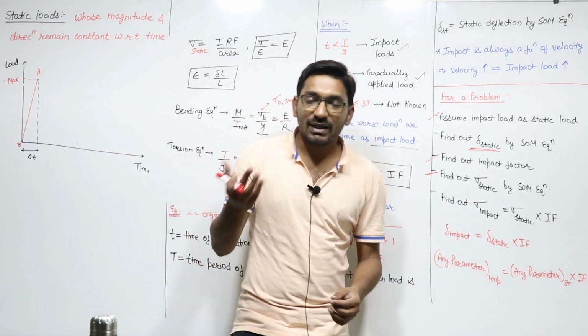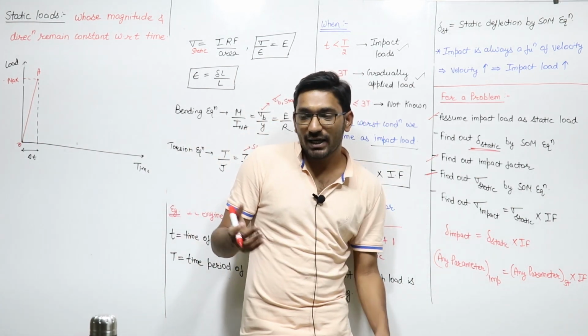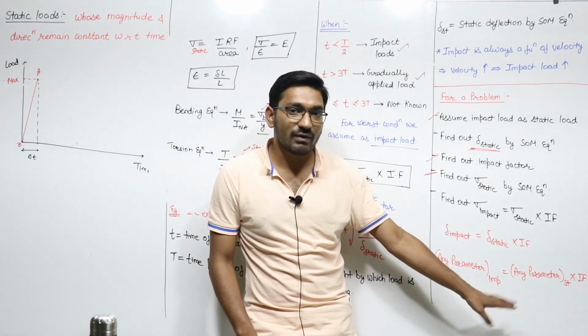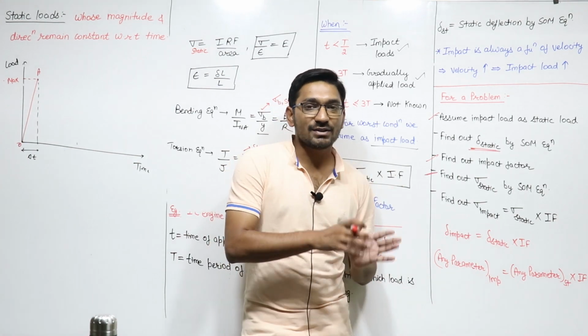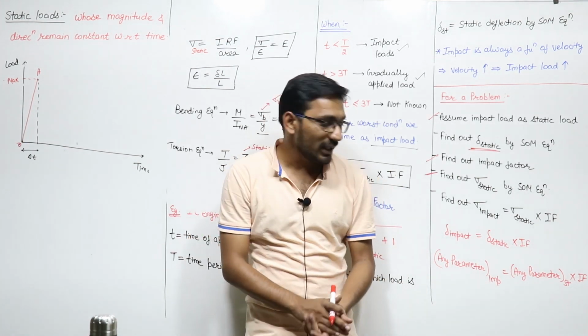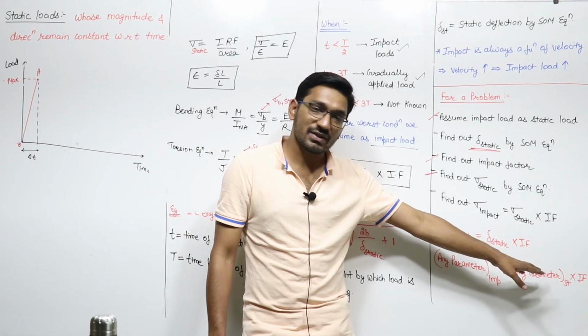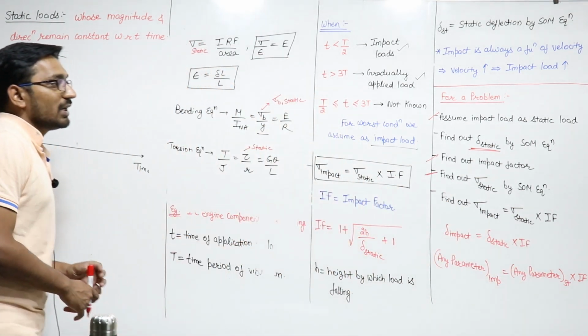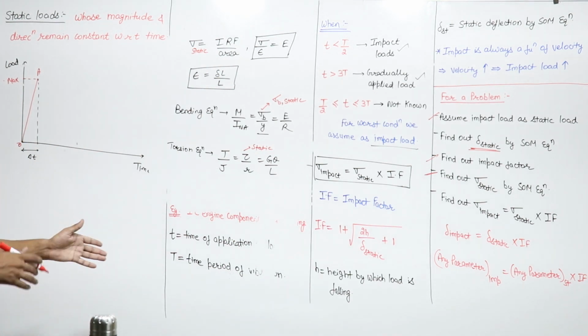So any parameter for the impact loading will be equal to that parameter for a static loading times the impact factor. This is how you can solve the numerical of impact loading, right?